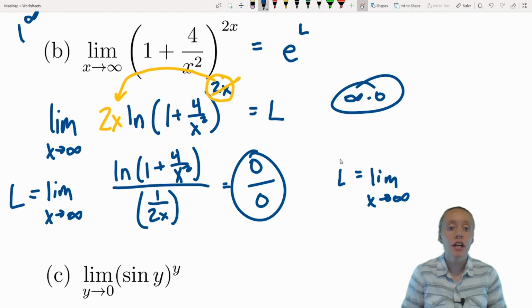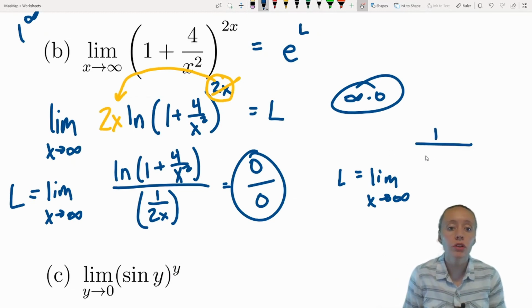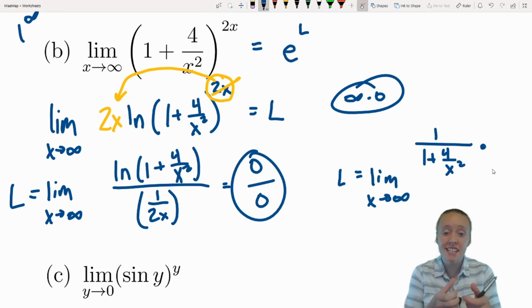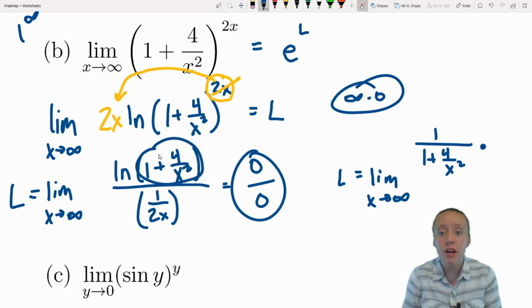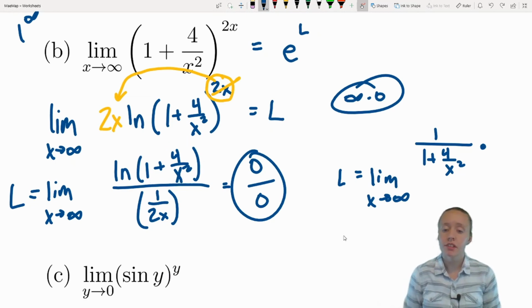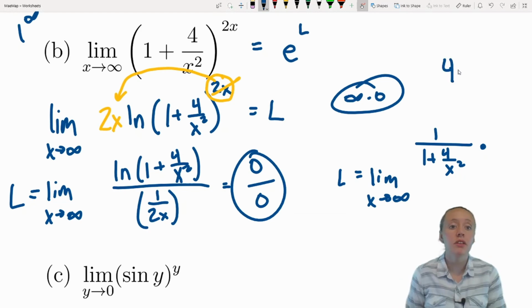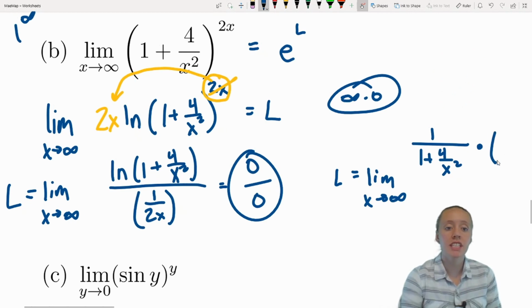Remembering that chain rule, it's going to be 1 all over 1 plus 4 over x squared. Then I have to multiply by the derivative of the inside, the derivative of 1 plus 4 over x squared, since I already took care of the ln function's derivative. That's taking the derivative of 4 times x to the negative 2, which comes out to be negative 8x to the negative 3, or negative 8 over x cubed. So my numerator derivative is taken care of.